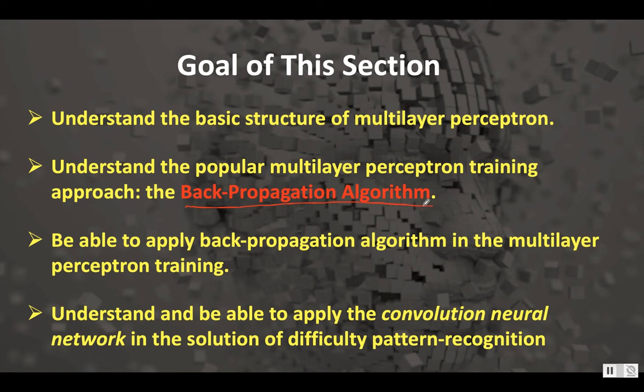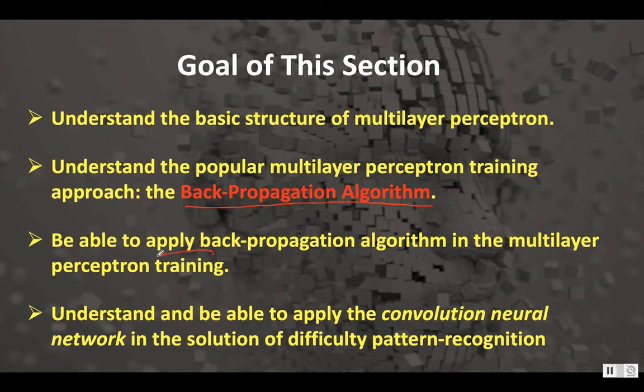The back propagation algorithm is the most important factor in the multi-layer perceptron, so we need to spend a lot of time understanding how to apply it to train multi-layer perceptrons.